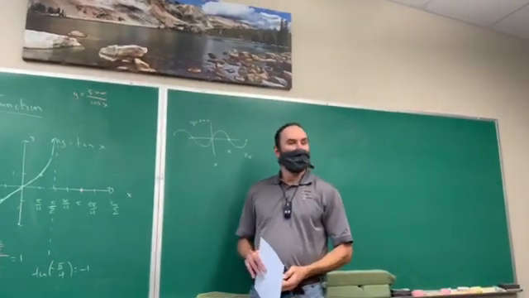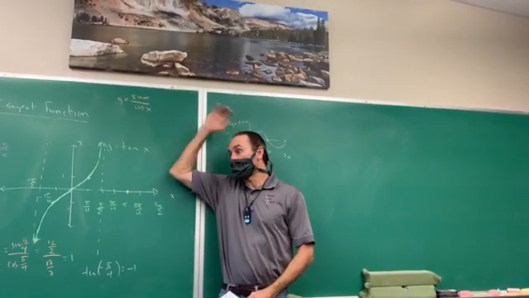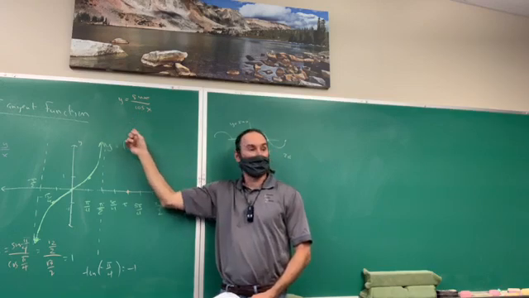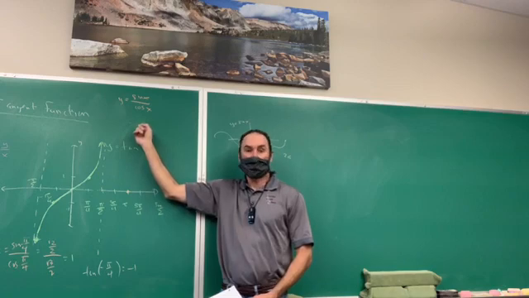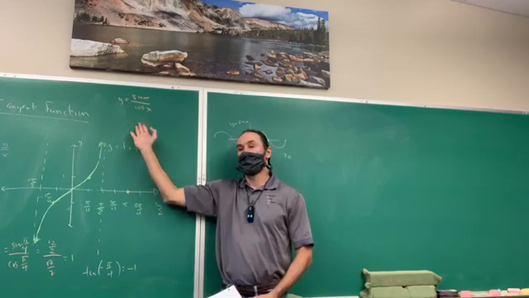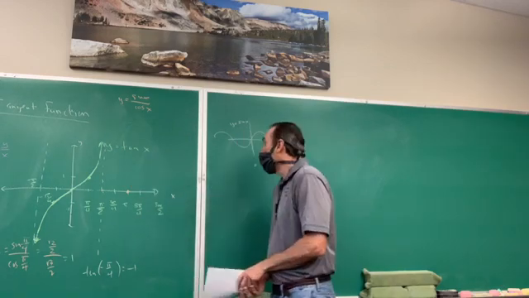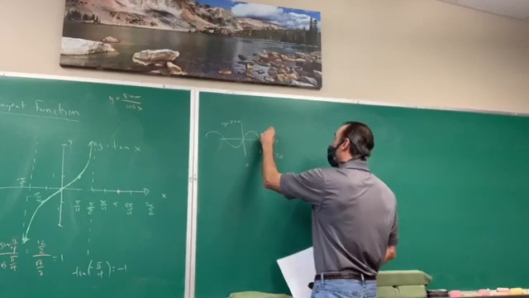Now, a fraction, we know from our domain questions we were doing for review, is undefined when its denominator is 0. So since a tangent has cosine in the denominator, it's going to be undefined when cosine is 0. If you remember what the cosine curve looks like, it does something like this.